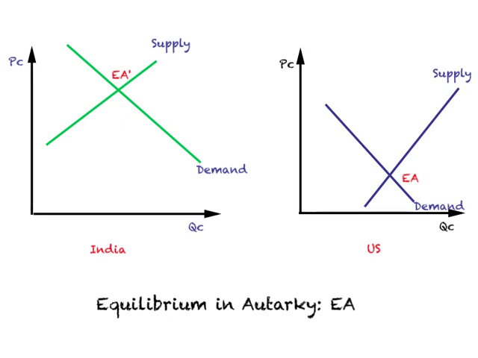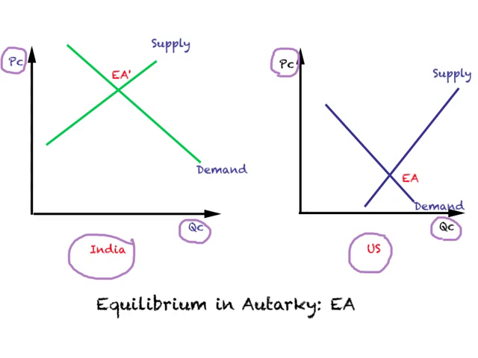to understand the basic economic model of foreign trade under partial equilibrium analysis. Let us look at an example of clothing. We are looking at the market for clothing, and there are two countries, the US and India. On these axes we have QC on the horizontal axis, which stands for quantity of clothing, and PC on the vertical axis, which stands for price of clothing for each of the two countries.